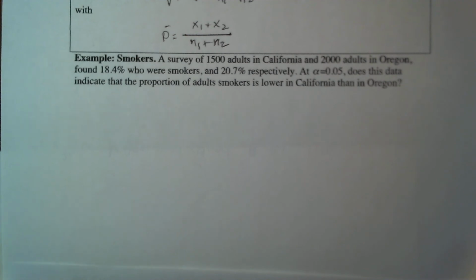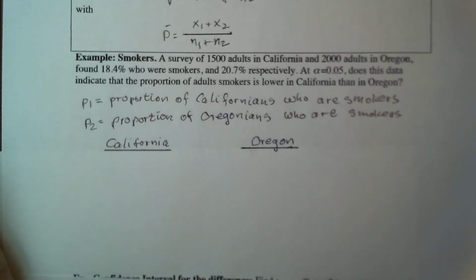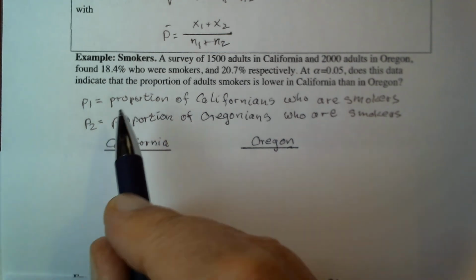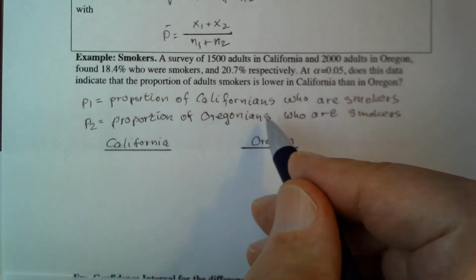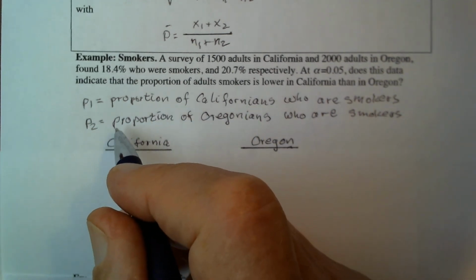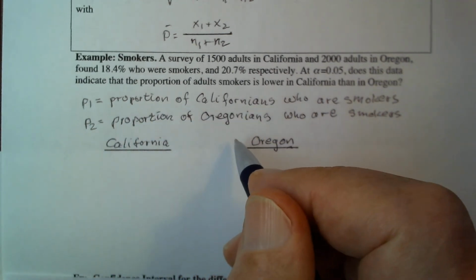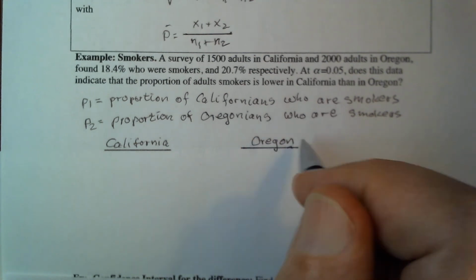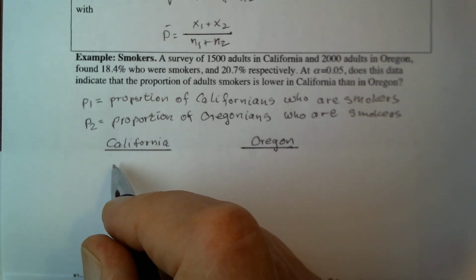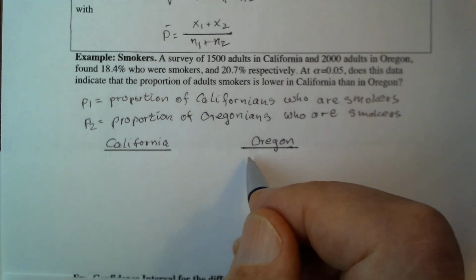So let's write down the information that we have. We are dealing with many different variables, so it's important that we are very specific and deliberate about how we label things. So here P1 is the proportion of Californians who are smokers, and P2 is the proportion of Oregonians who are smokers. And now we're setting up the data for California and Oregon.